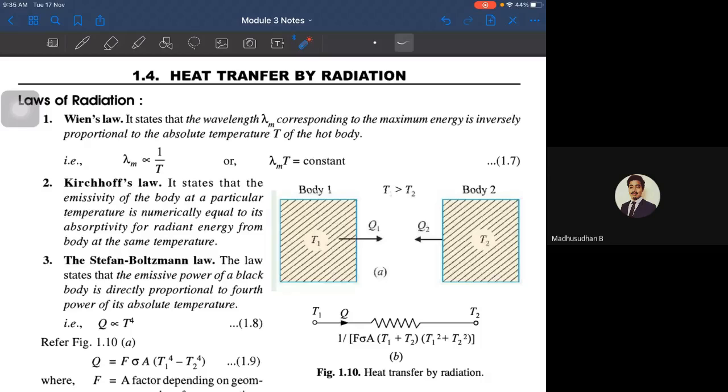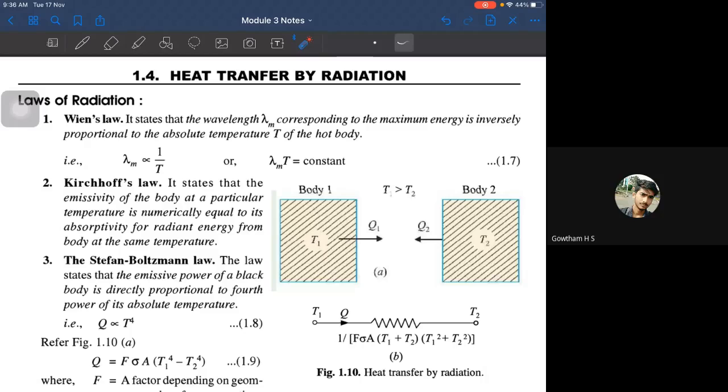There are three laws which govern radiation: Wien's law, Kirchhoff's law, and Stefan Boltzmann's law. Out of all these three laws, what have you heard of? Have you heard of Kirchhoff's law? Have you heard of Stefan Boltzmann's law? Anyone? All three, sir.